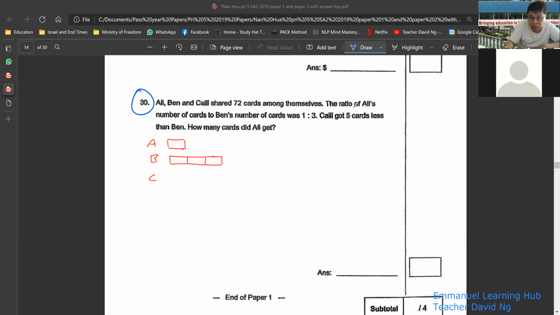Now back to the model. The ratio of Ali's number of cards to Ben's number of cards is 1:3. I didn't reflect this yet. 72 cards among themselves, reflected. Kylie got 5 cards less than Ben.